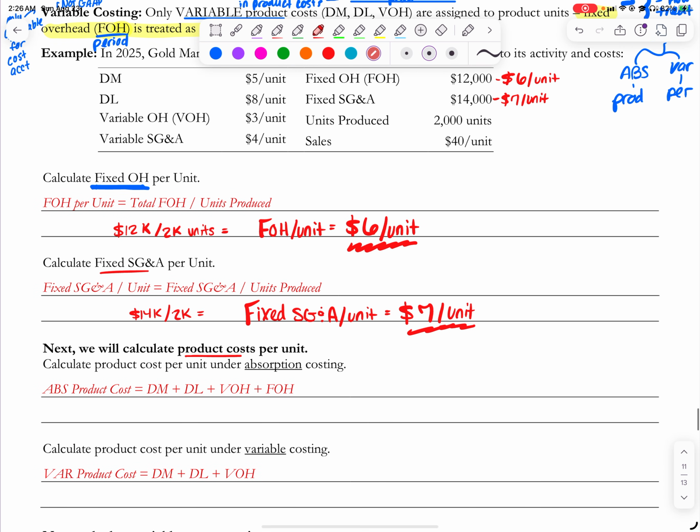Next, we're going to calculate product costs per unit. Remember, product costs comprise direct material, direct labor, and overhead in some form. If I'm using absorption costing, it absorbs all product costs. Variable includes only variable product costs.